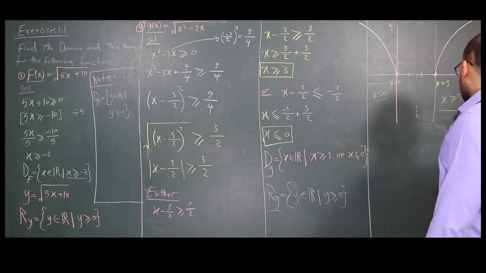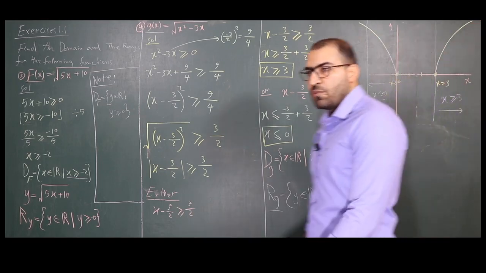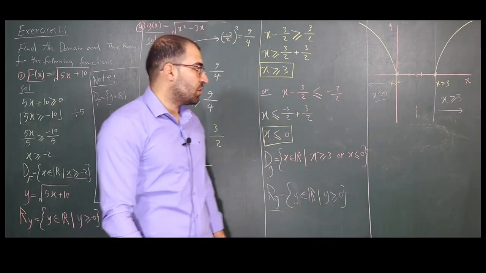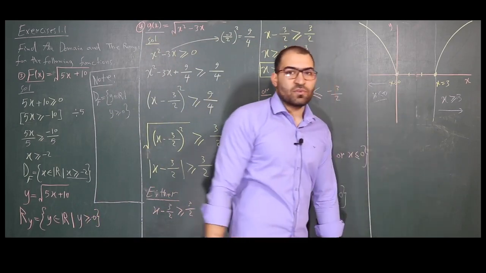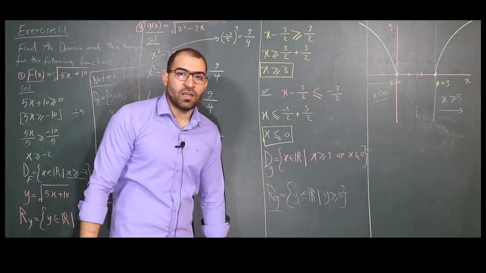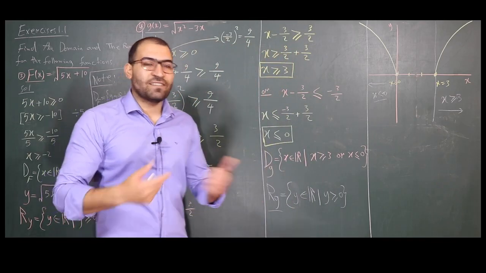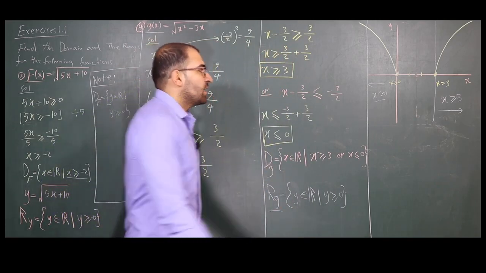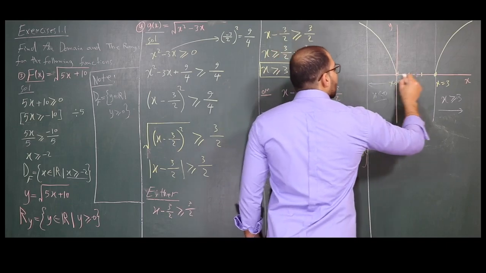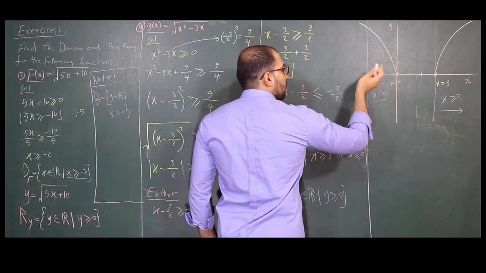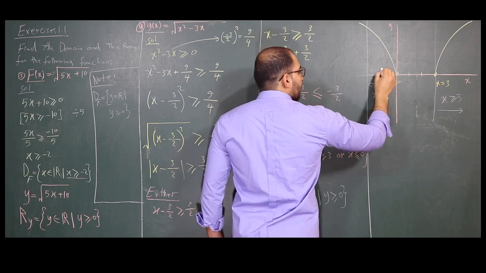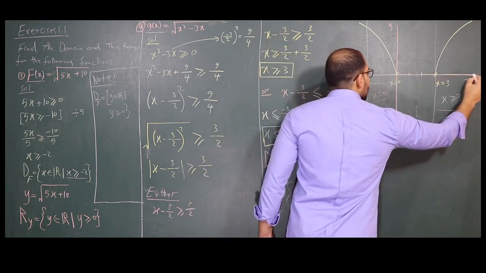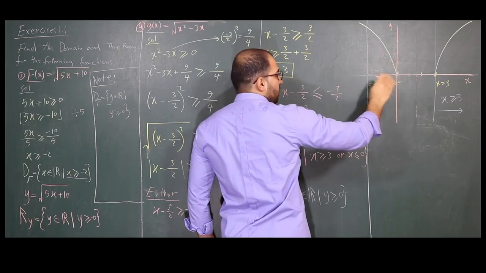I can substitute all the numbers that are greater than or equal to 3, but I cannot feed the numbers in between to the function, because the result will not be defined at all. And I can see that all the results will be greater than or equal to the line y equals 0. You can see that this line is just y equals 0 because no y.